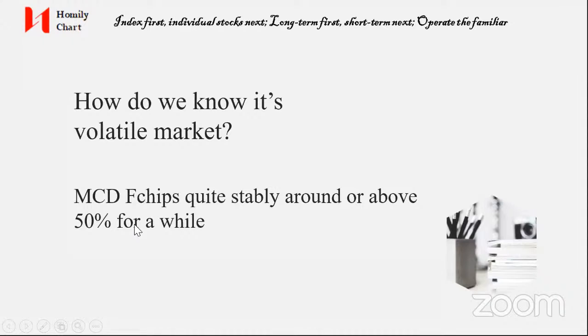Then if it really shows you that it's the volatile type, and you still want to buy low and sell high, you can check KDJ. So let me just show you another example.